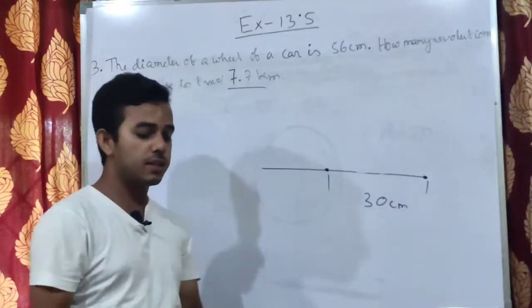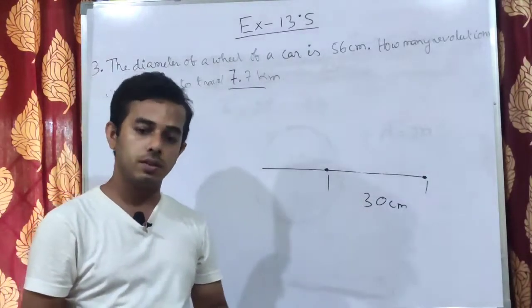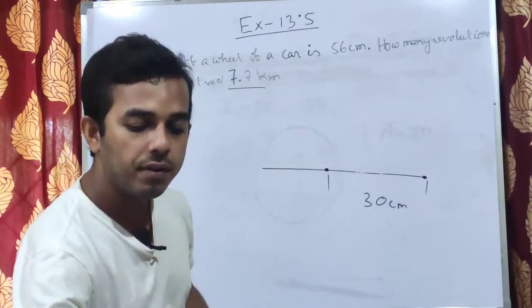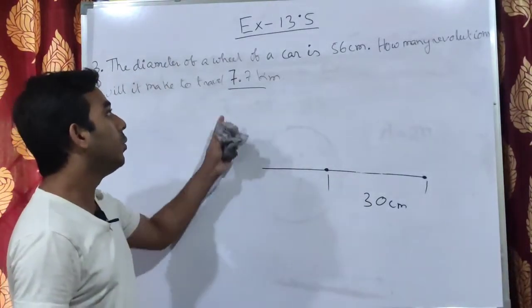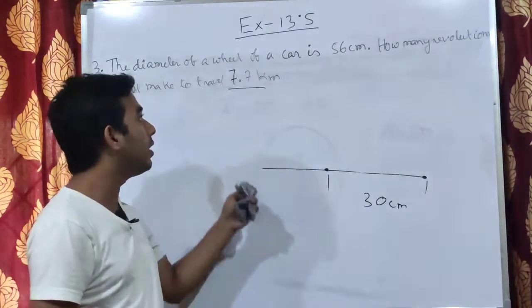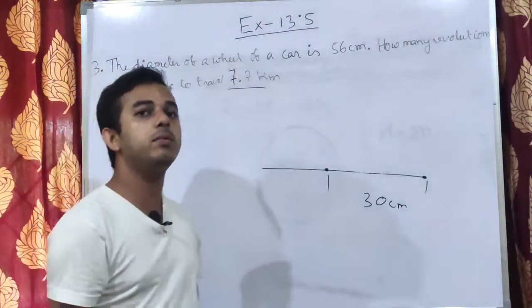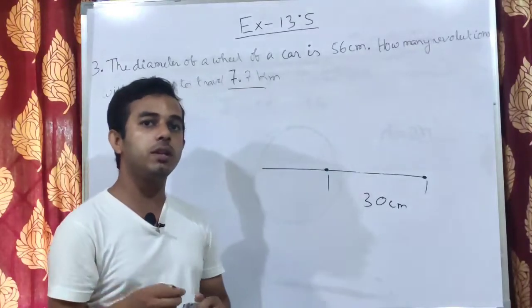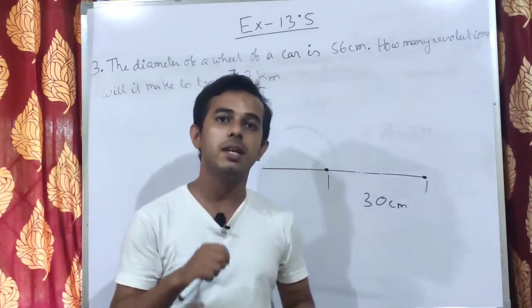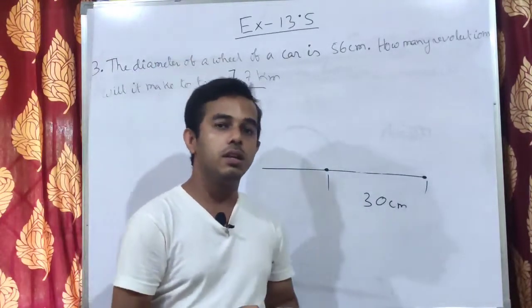We'll first find the circumference of the wheel. Then we'll divide 7.7 kilometer by the circumference. Why do we divide by the circumference? Because when a wheel rotates, it covers the circumference.